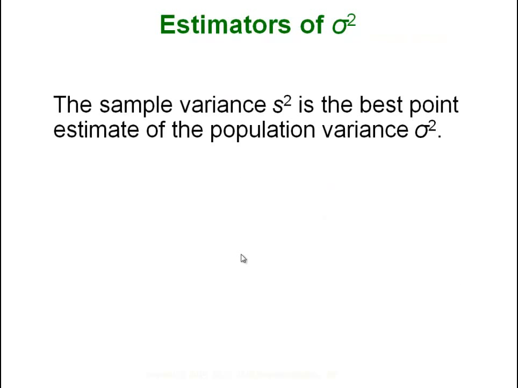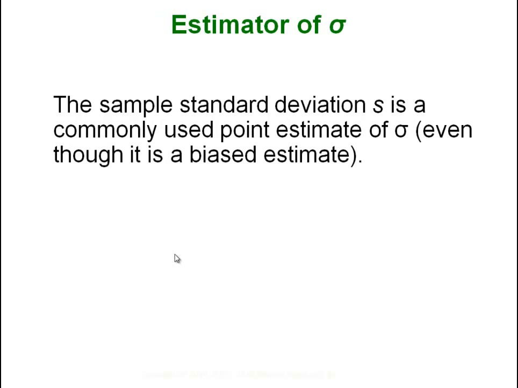Just like our other sample descriptors, the sample variance is the best point estimate of the population variance. The sample standard deviation, however, is biased, but it still is commonly used as the best point estimate because we really have no other good point estimate, but it is biased.